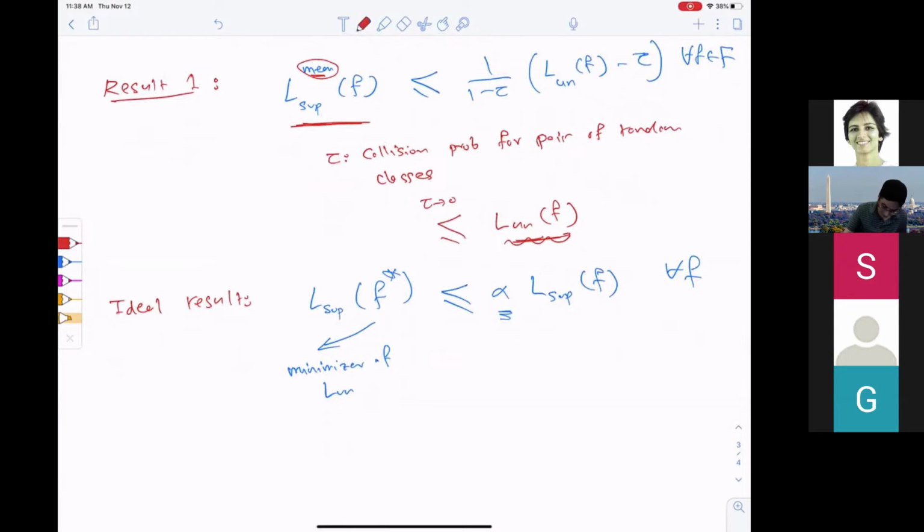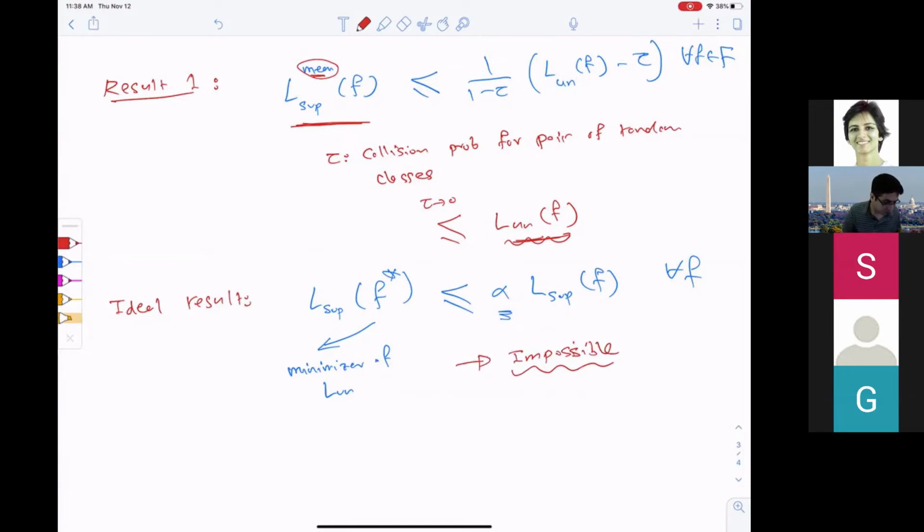You can look at the paper, where they show that in general it is impossible to get this for a general class of functions and tasks. They have a very simple example, and I'll let you look at the paper for that.